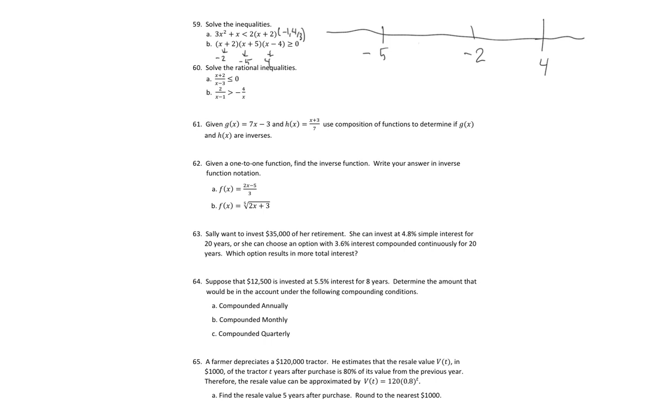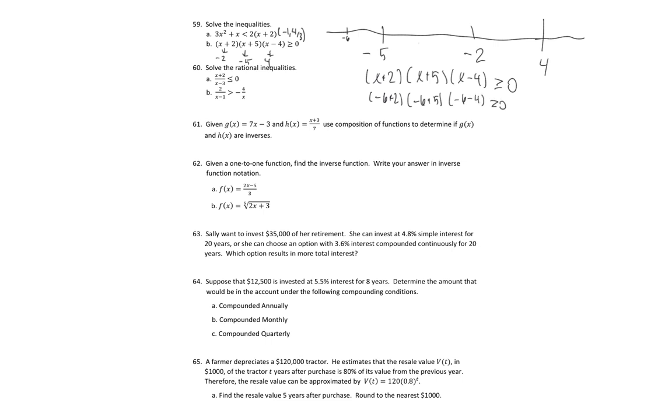I'm going to check a number to the left of negative 5, in between negative 5 and negative 2, between negative 2 and 4, and above 4. And I'm going to plug it into this. If it's greater than or equal to 0, I'm going to include that section. So let's try negative 6. If I plug negative 6 into here, I'll get negative 6 plus 2, negative 6 plus 5, negative 6 minus 4.